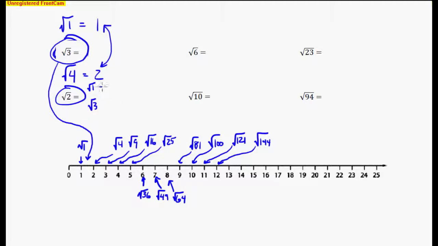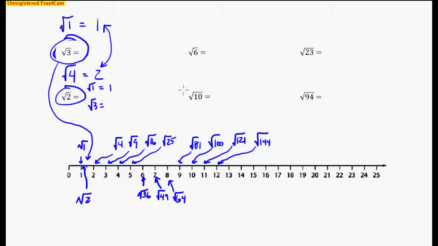Square root of 1 is 1. Square root of 3, I don't know that one for sure, but I know approximately where it is. So the square root of 2 is going to be in between those two. It's going to be in there somewhere. So I wanted you guys to see where these fall on the number line.